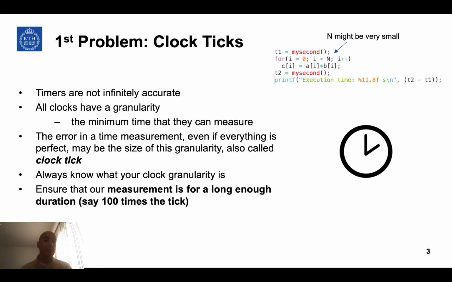It's very important that we always know the clock granularity of our timers. And it's also very important that we make measurements that are much larger than the clock tick, so our measurements are not affected by the granularity of the timer.